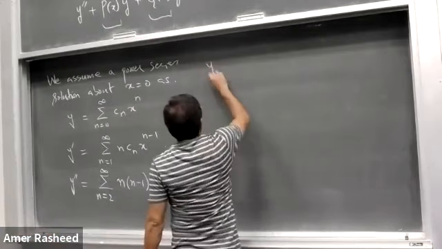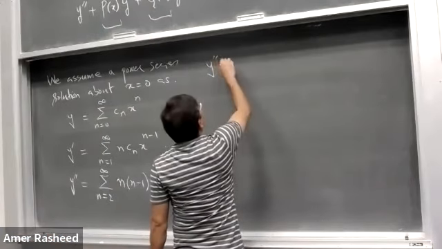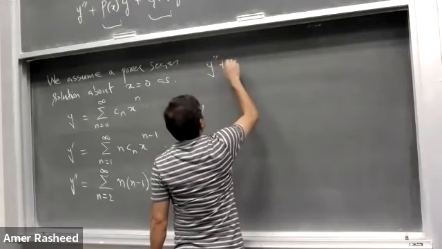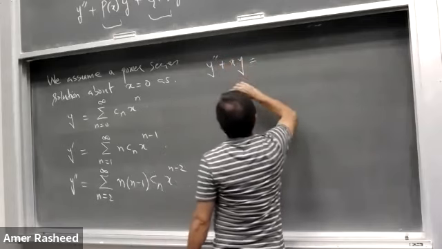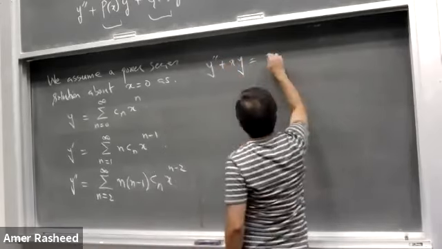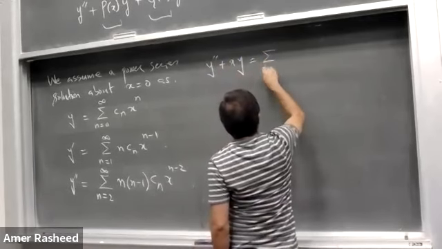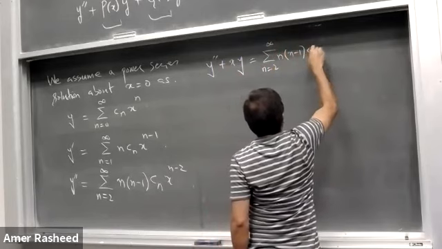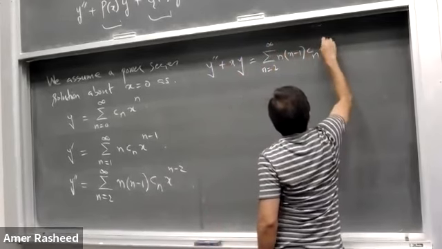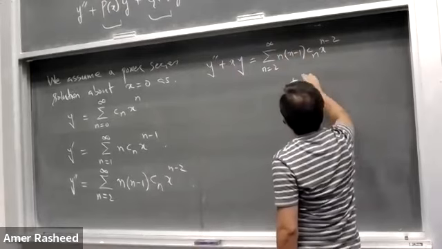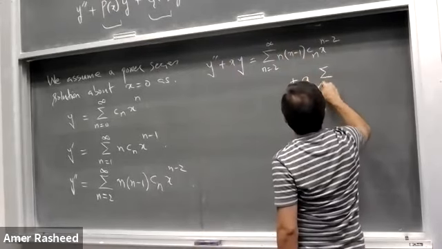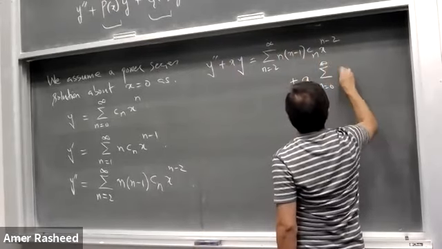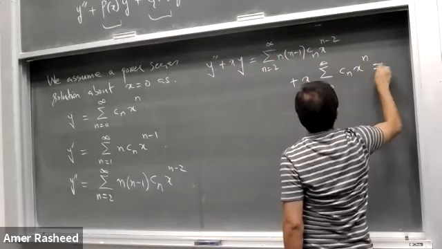So now y double dash plus xy. So y double dash is summation n from 2 to infinity n into n minus 1 Cn x power n minus 2, plus x times summation n from 0 to infinity Cn x power n, equal to 0.